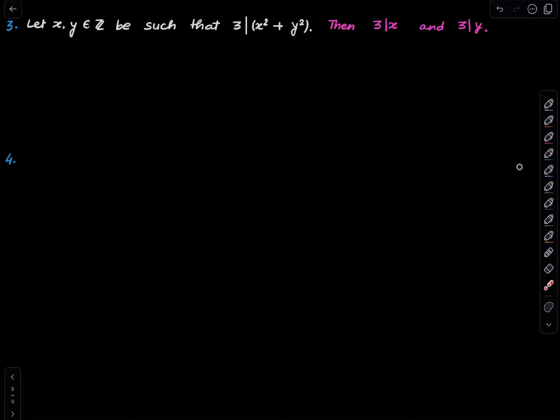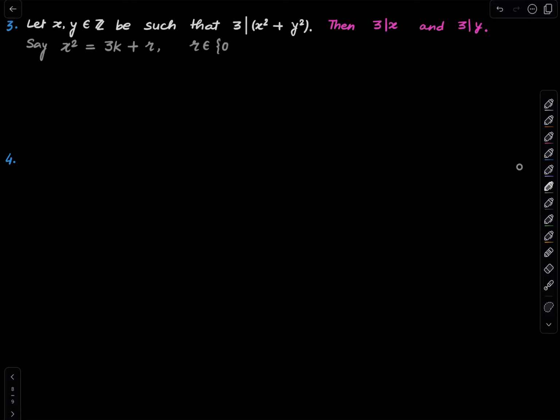So we want to show that whenever x and y are two integers such that the sum of their squares is divisible by 3, then 3 divides both of them. Not obvious, right? But since we know by the previous example, x squared is of the form 3k plus r, where r is either 0 or 1.